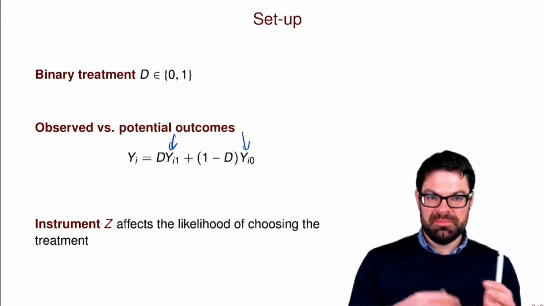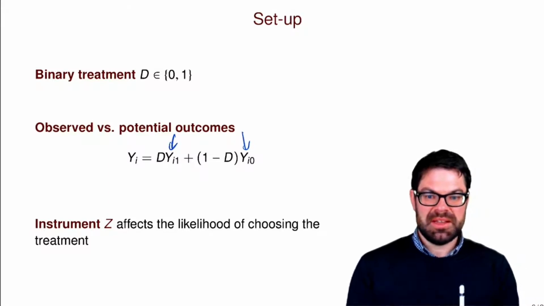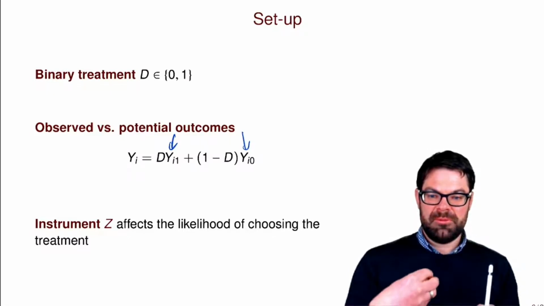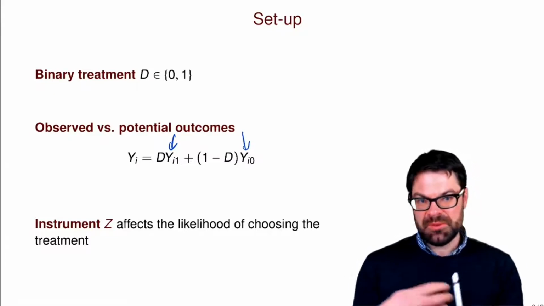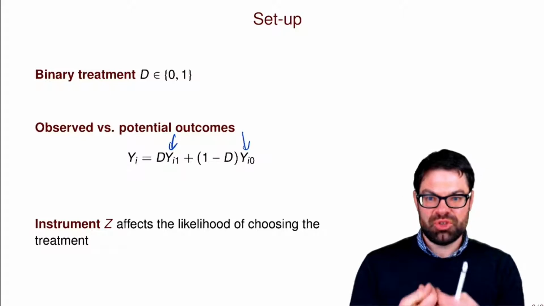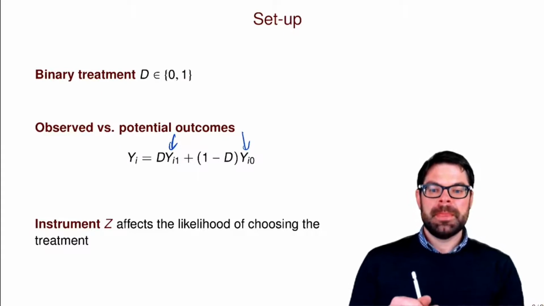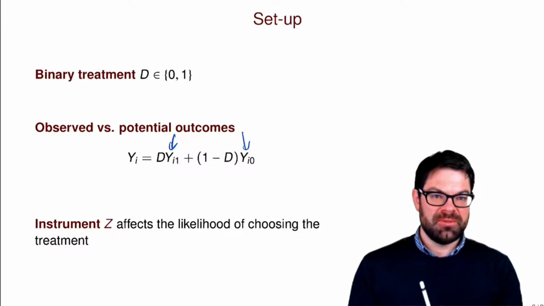At some point in this lecture, we will also talk about instruments, which we see here as a force that affects the likelihood of choosing the treatment. If you think about treatment as a deliberate choice, so you choose whether to actually send your child to childcare or not, then the instrument could be a cost shifter.